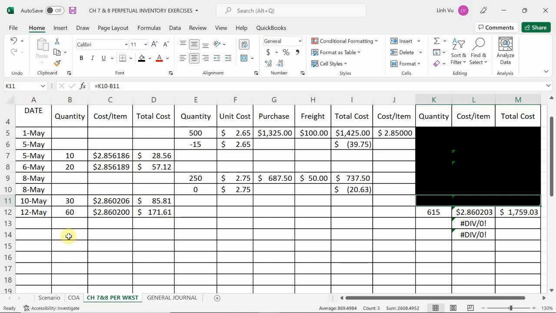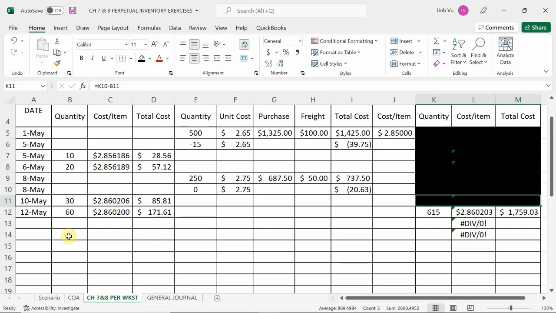We're not going to backtrack and take what our original cost per item was back then. We're going to move forward, because what I need to look at is how much it is going to cost me right now to put it back into my inventory.